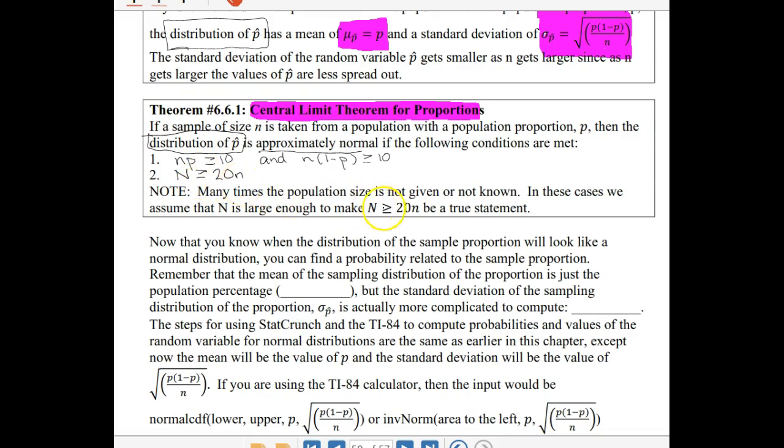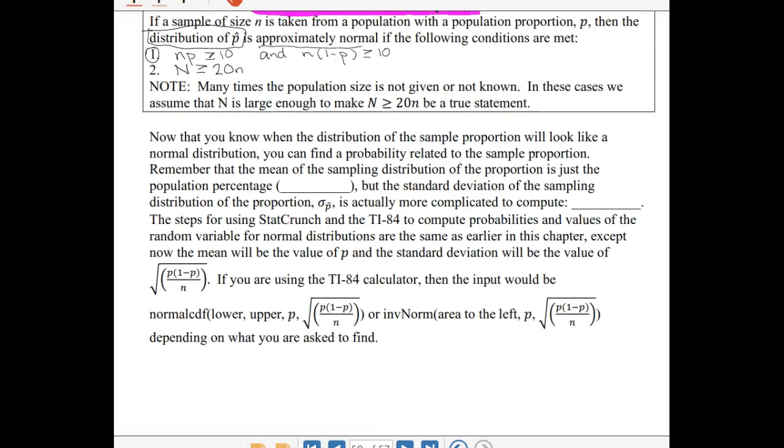Many times the population size is not given or not even known. In these cases, we assume that capital N is large enough to make that a true statement. So oftentimes you're really just checking the first condition, which is a sample size check, basically like we had for quantitative data, but we're not checking just that n is at least 30. It also depends on the value of p.